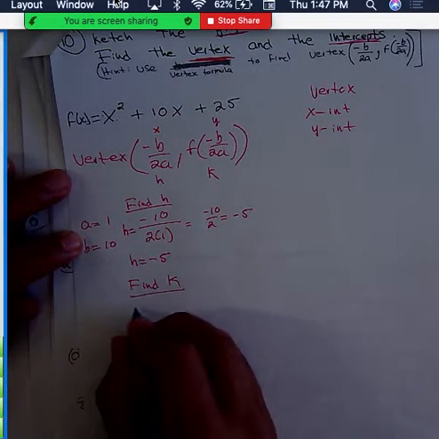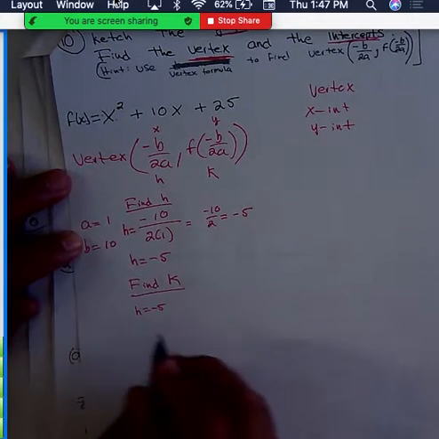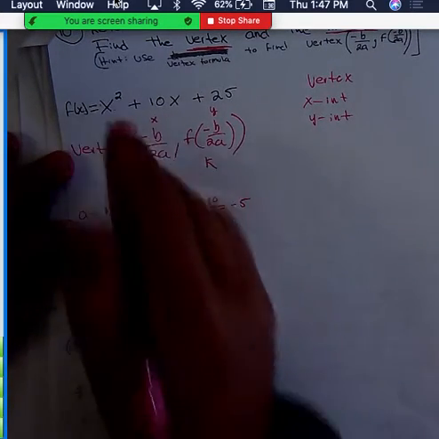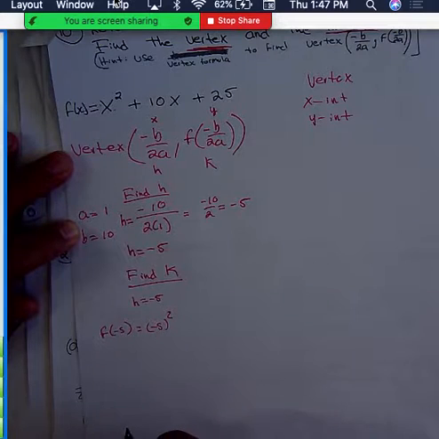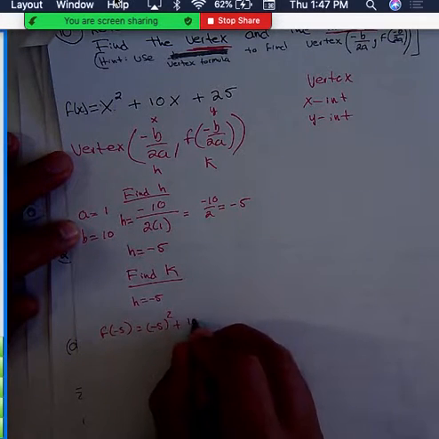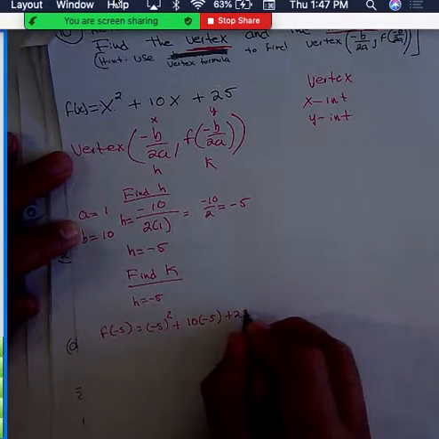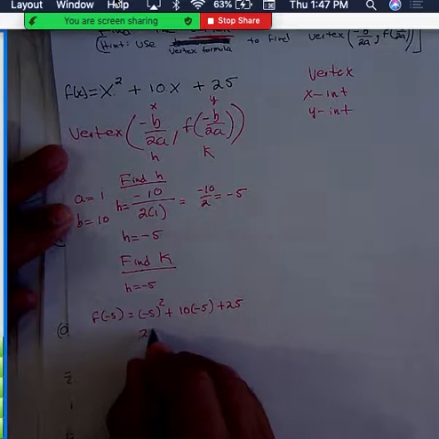So h is equal to negative 5, substituting into that x. So it's like this. So negative 5 squared plus 10 times negative 5 plus 25. This gives me positive 25.